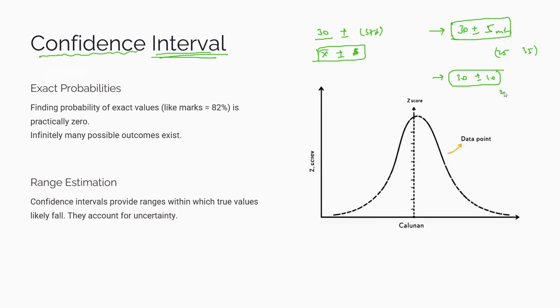This basically gives me what? 20 to 40 range. I may say 30 minutes plus or minus 20 minutes as well. So this basically is 10, comma 50. I may keep varying it.